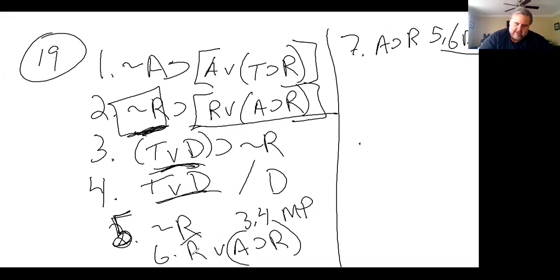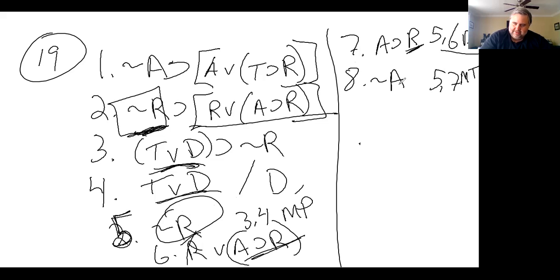So we've done the negation of this because it's there in 5 to give us the other disjunct, which is A horseshoe R, which then very easily allows us to do a modus tollens with the tilde R. We have it up here in line 5, and line 7, we can do a modus tollens.